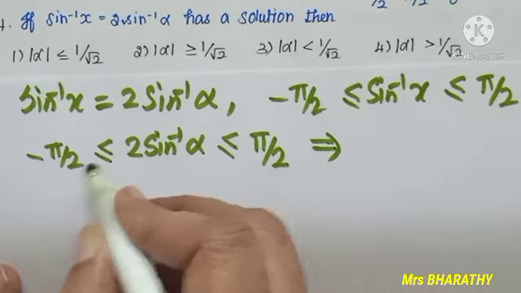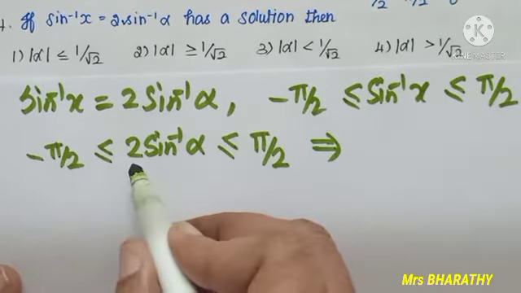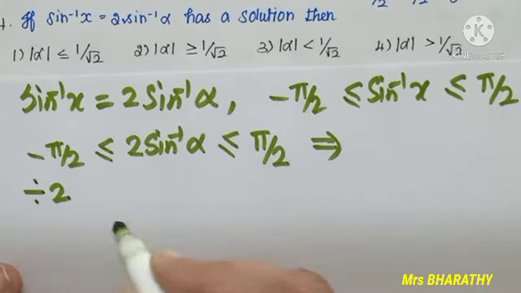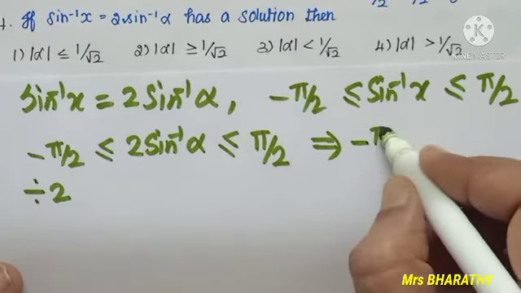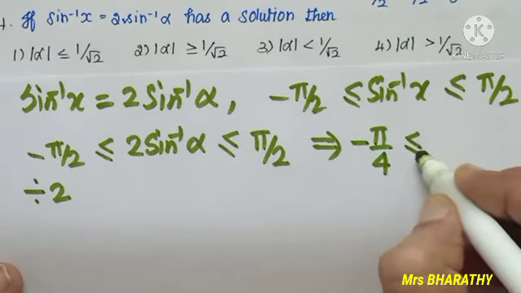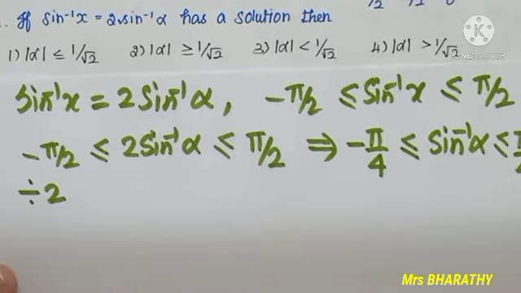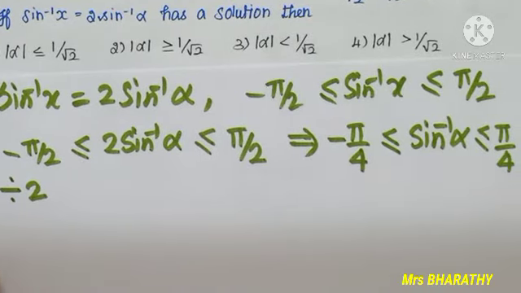Bringing 2 to the denominator. 2 is a positive quantity. Dividing by 2, my answer is unaltered. So this becomes minus pi by 4 less than or equal to sine inverse alpha less than or equal to pi by 4. So every term we divide by 2 in the inequality.